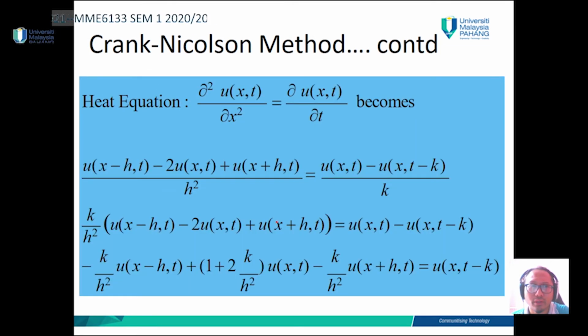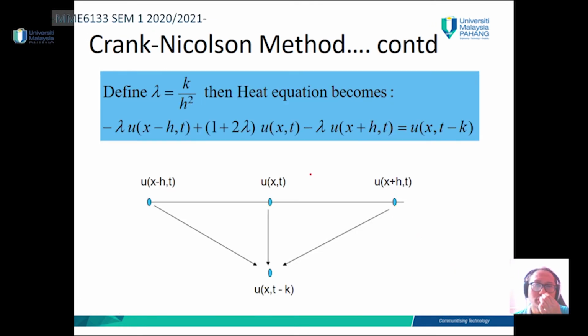In the next part, we are going to obtain k over h squared, which we know is lambda, so this can be replaced with lambda, equal to u(x, t minus k). So we should get this equation by defining lambda equal to k over h squared.